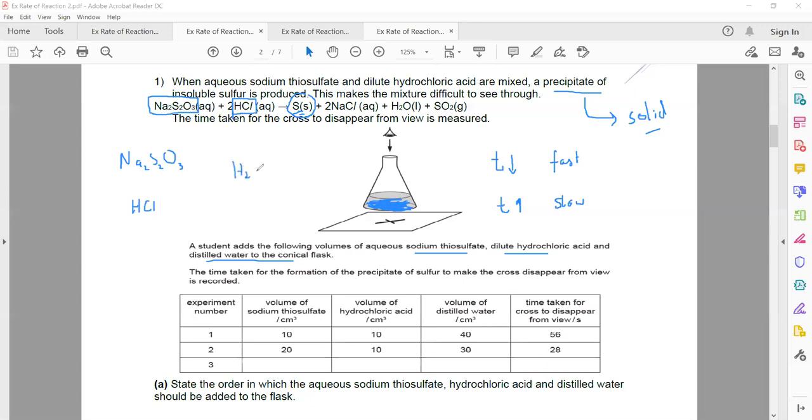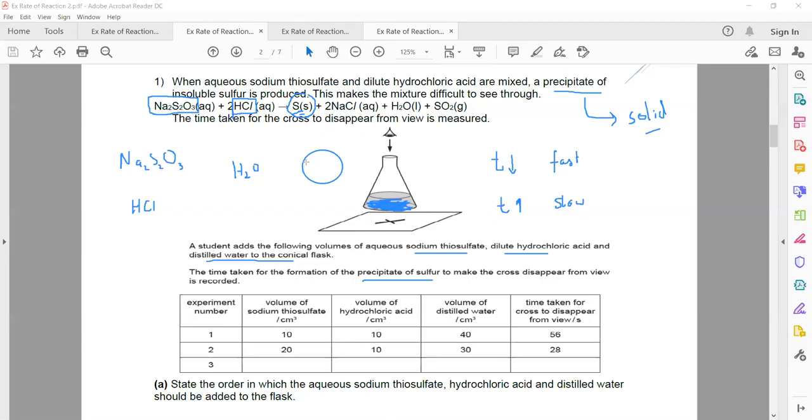He mixed all of them together. The time taken for the formation of a precipitate of sulfur, meaning solid sulfur, to make the cross disappear, is recorded. So we record how much time the sulfur takes to make the cross disappear. If the reaction is faster, the cross will disappear in a short time.